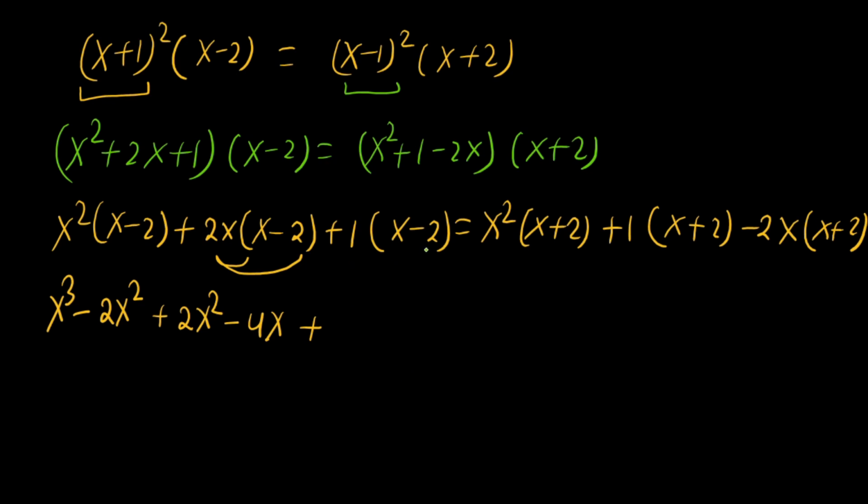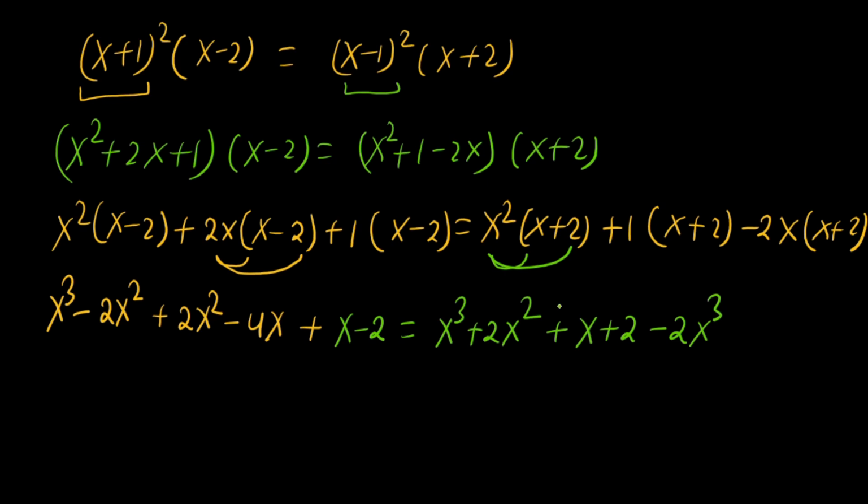So 1 times (x minus 2) is the same as x minus 2, and this is equal to x squared times x, which gives x cubed, and x squared times 2 gives 2x squared, plus 1 multiplied by (x plus 2) is x plus 2, minus 2x times x gives minus 2x squared, and minus 2x times 2 gives minus 4x.